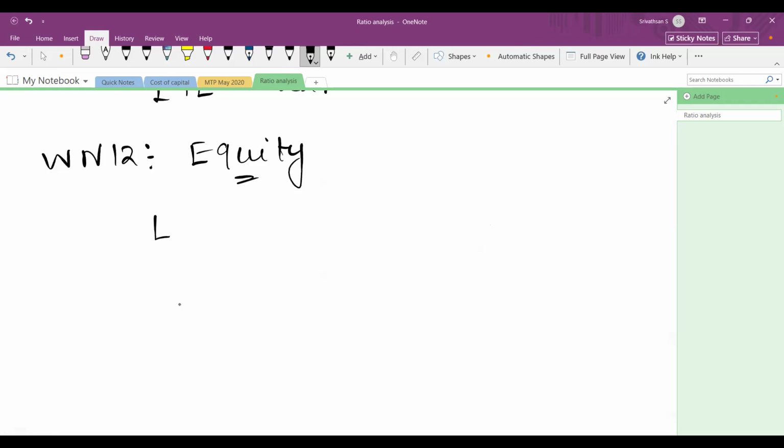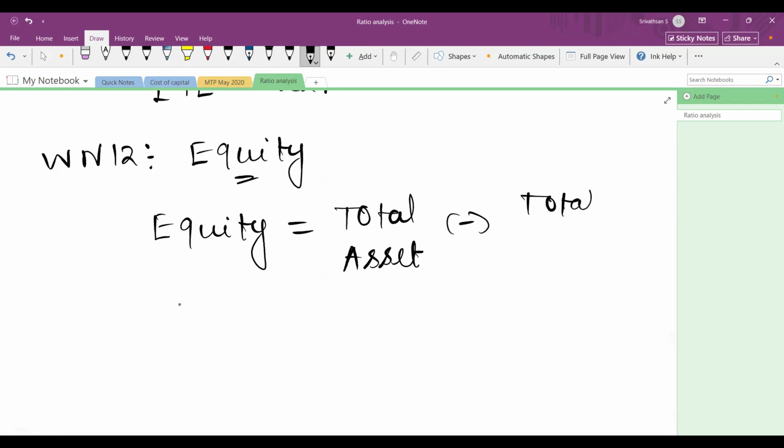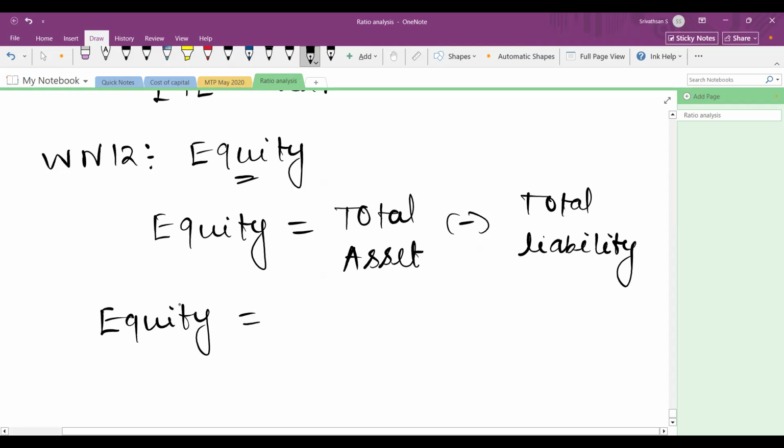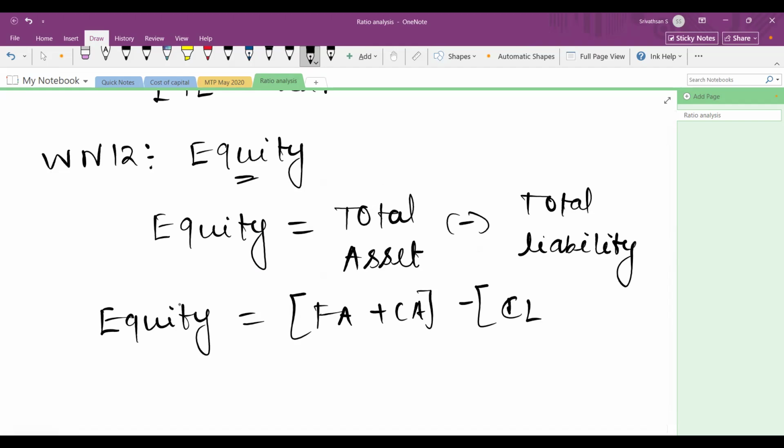We know that equity is equal to total asset minus total liability. So equity is equal to total asset, which is nothing but fixed asset plus current asset, minus total liability, which is current liability plus non-current liability.